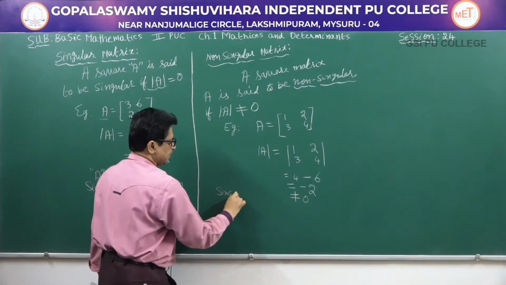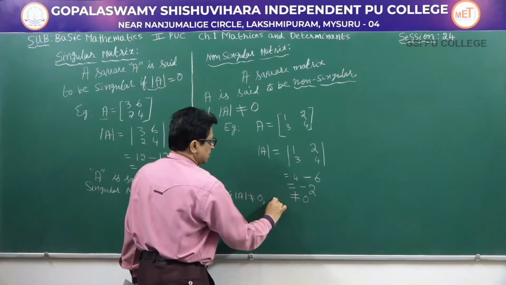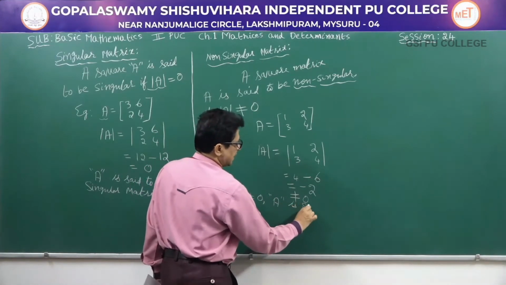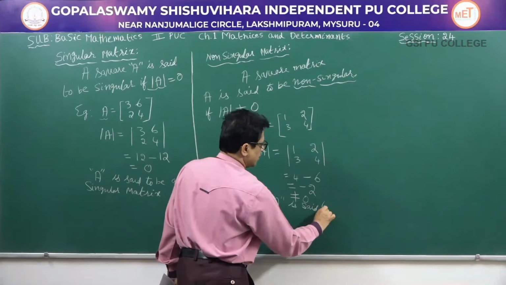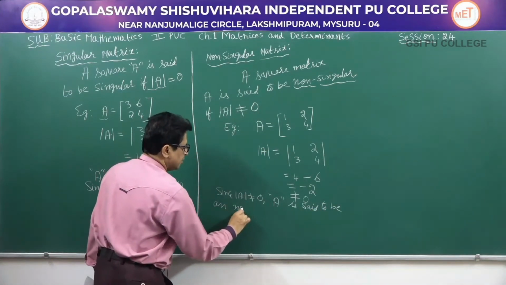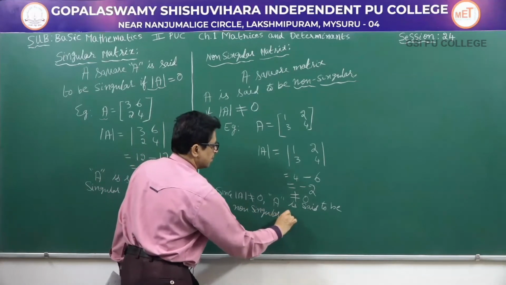Since determinant A is not equal to 0, A is said to be a non-singular matrix.